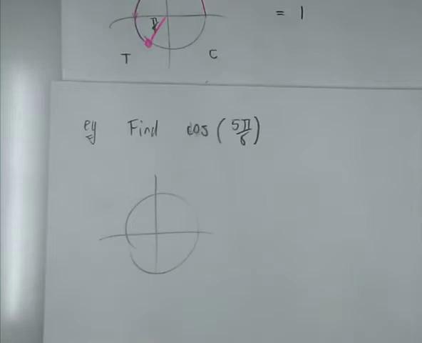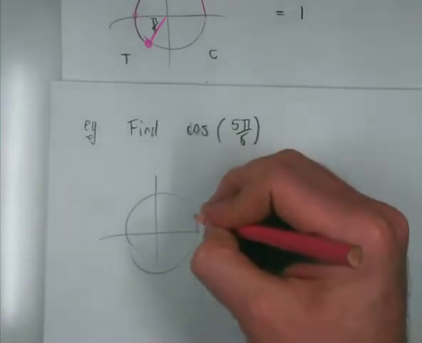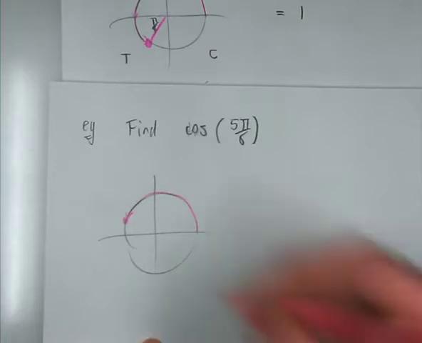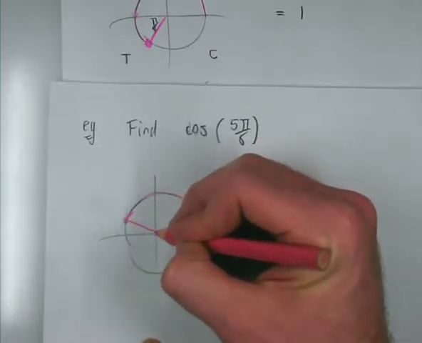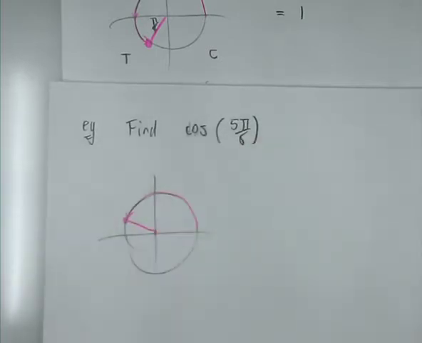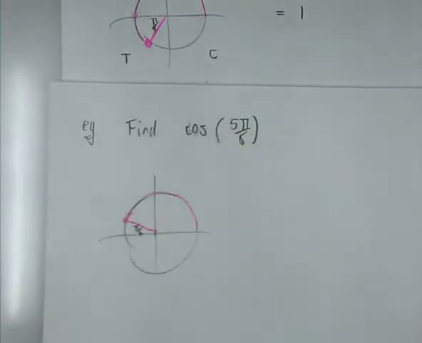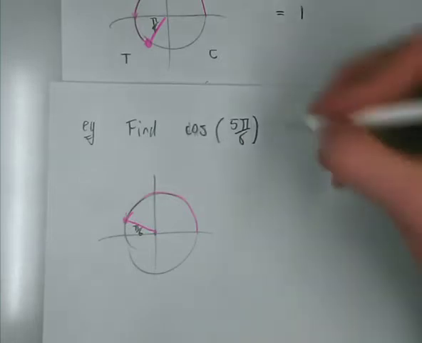And we're going to go 5/6 of pi, so that's almost all the way to here, but not quite. And the bit that's left, the nearest multiple of pi is here. So that's 1/6 of pi left over. So it's going to be the same as cos of pi on 6.